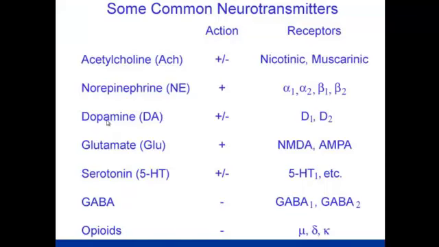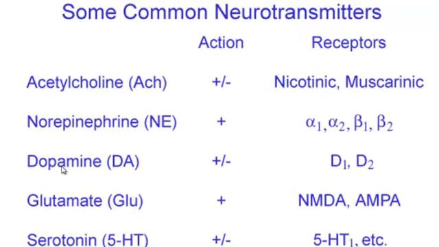Okay, let's look at a few of them, some of the most common. Acetylcholine is extremely common, and it works on the neuromuscular junction, but it's also throughout the brain. It can either be excitatory or inhibitory. Now, when we talk about the receptors, we give the receptors names.